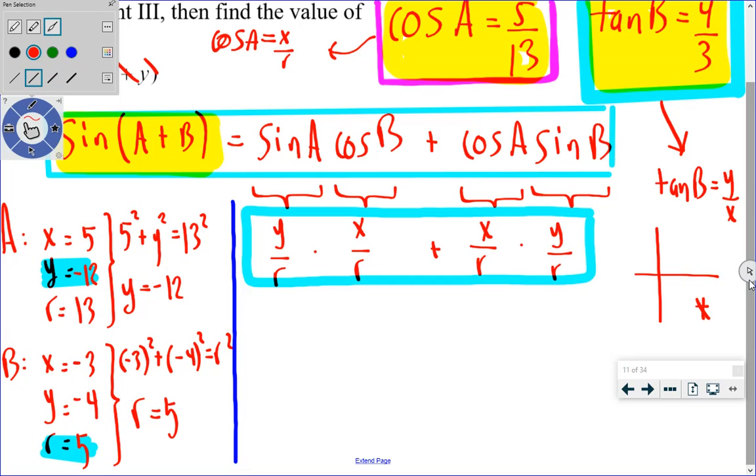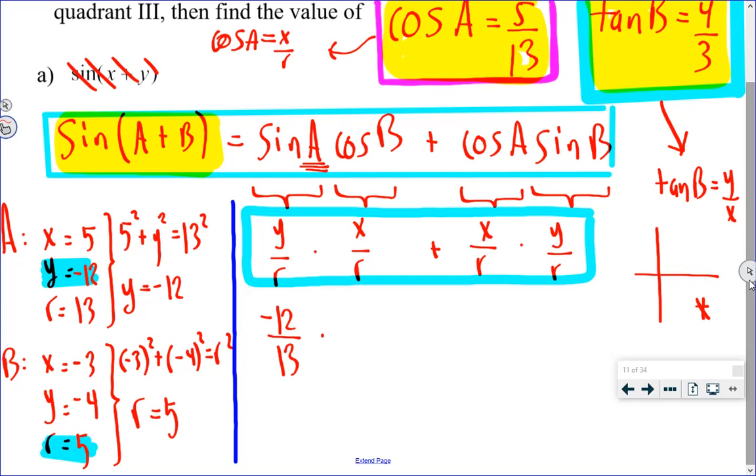All right, so what is y over r for angle A? Well, it's negative 12 over 13. What is x over r for angle B? Well, it's negative 3 over 5.